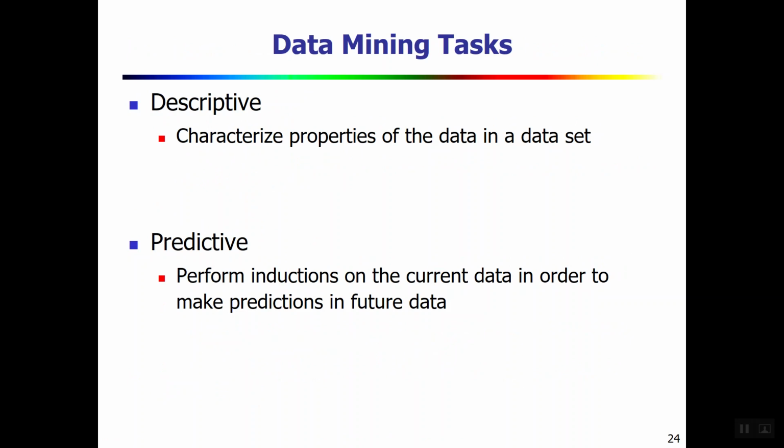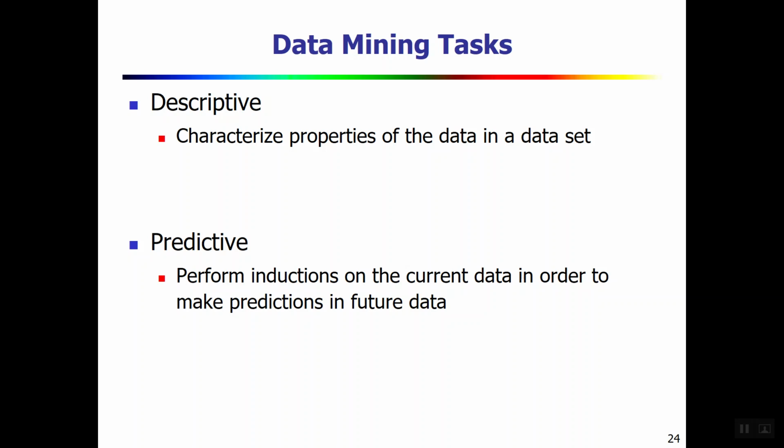I should mention that I took descriptive and predictive at a conceptual level, because many mining tasks cover both. Very rarely would we only be interested in characterization, or only be interested in prediction. When we mine characteristics, we could use those characteristics to predict, right?